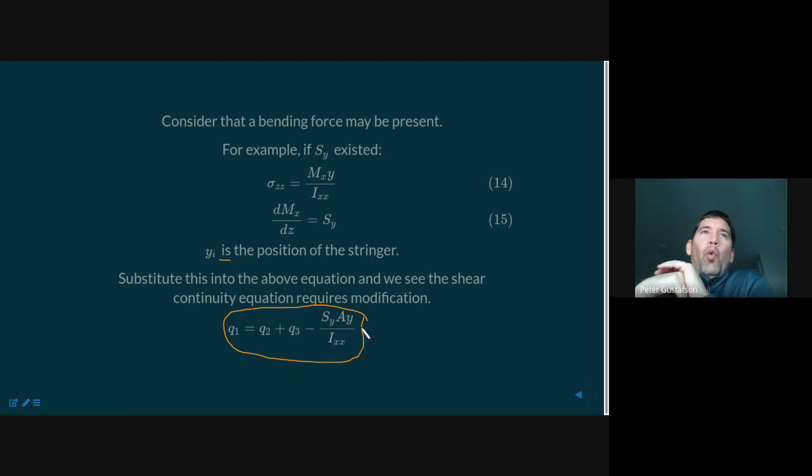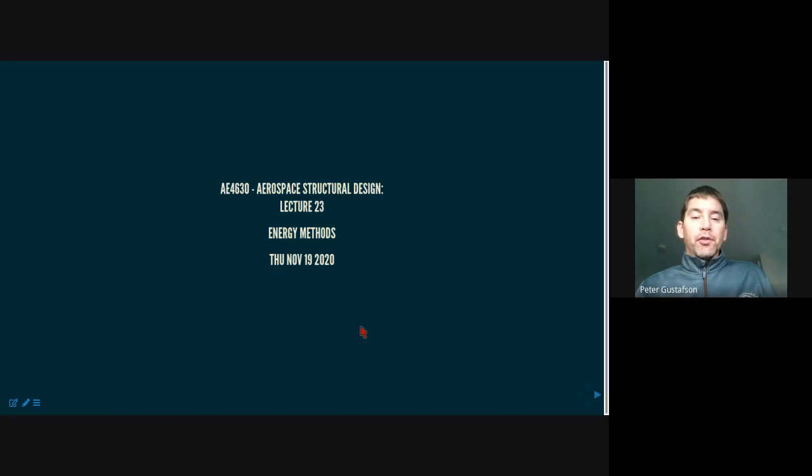And so can we come up with methodologies for analyzing even more complex structures and getting an engineering solution, a good enough solution? And so that takes us into the domain of energy methods and approximate solutions. So that's what's going to be left for the, I think we have about 4 lectures left in this class after today. So we're going to spend those 4 lectures on these energy methods and approximate solutions.